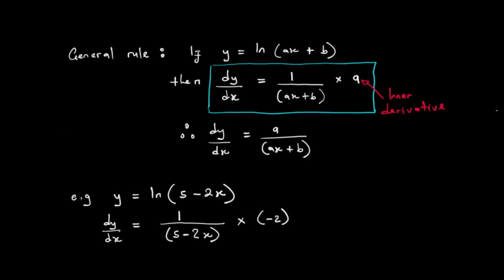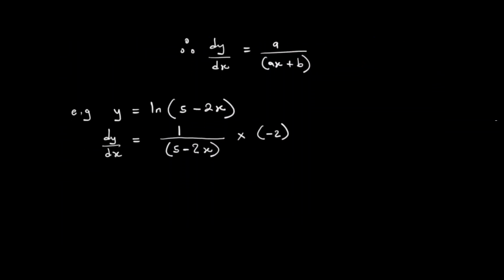So if we want to write it as a therefore, we say therefore dy dx is equal to minus 2 over 5 minus 2x. It is finished like that. So that is it. That is how we differentiate logarithmic functions.